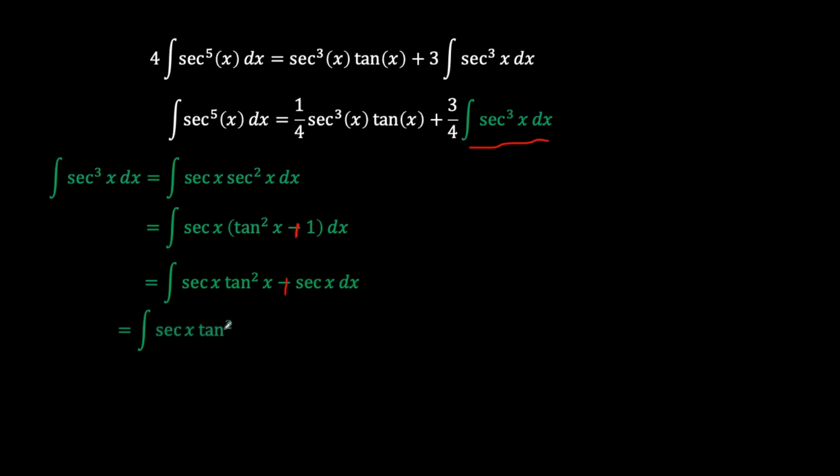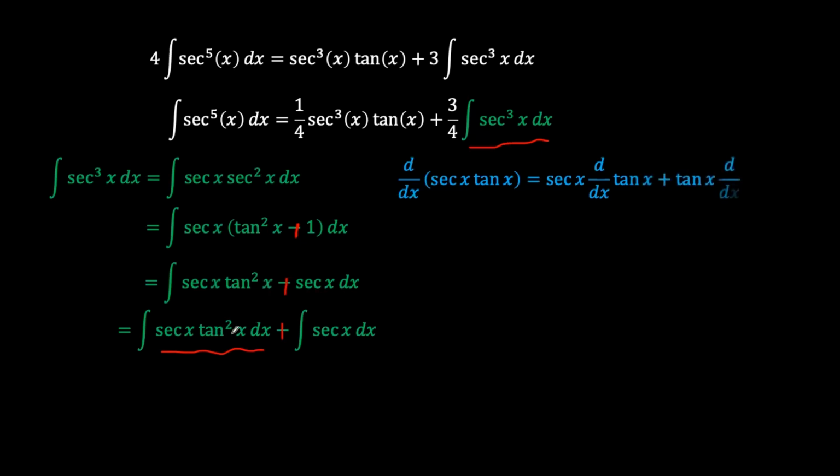And now, again, we have to focus here. This part here, we're going to try to do some little acrobatics. So the derivative of sec x tan x, since we see this squared here, if we try to differentiate sec x tan x, it's the same process.